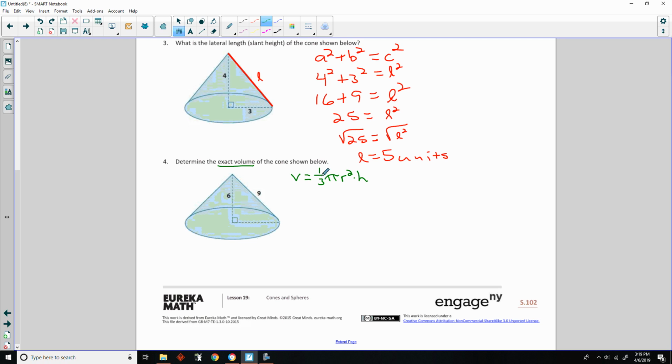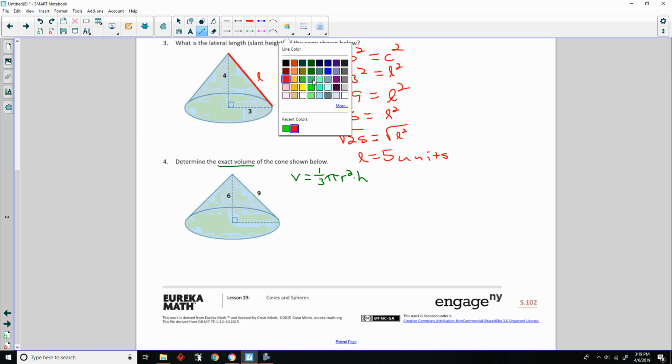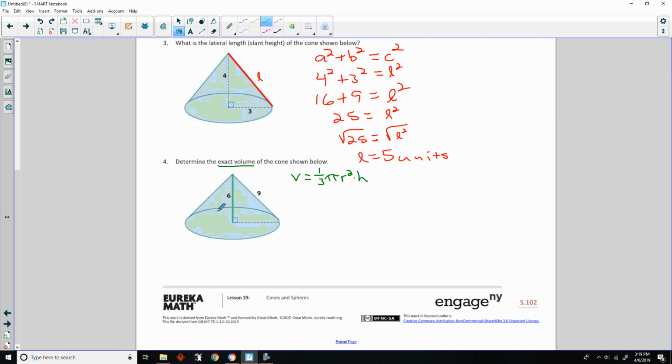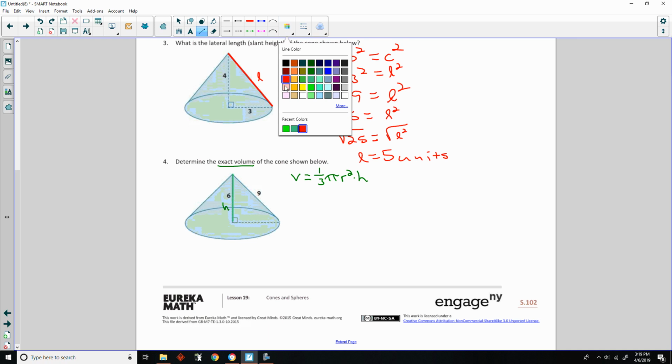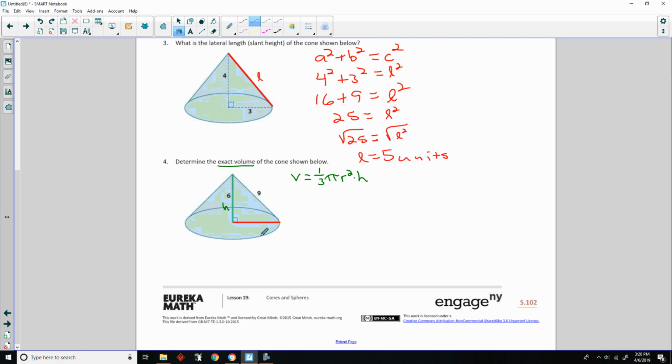I know 1/3 is a number, pi is a number, h is right here, this is h. That is h. What I don't know is the radius. This distance here is r.